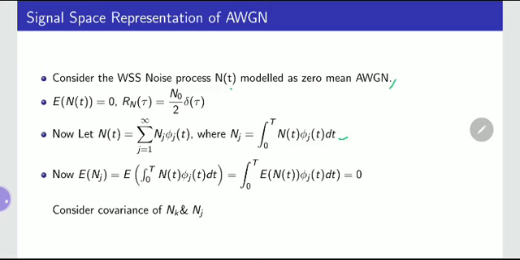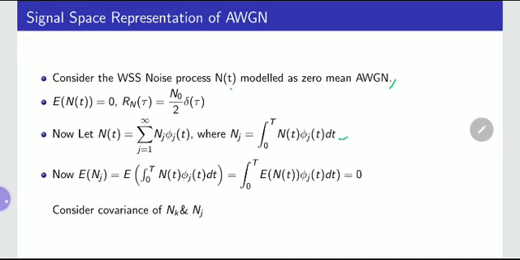Now each nj will be a random variable, as we studied before. We are trying to model this AWGN using the signal space, that is, find the signal space representation of AWGN. Now we will find the mean of nj.